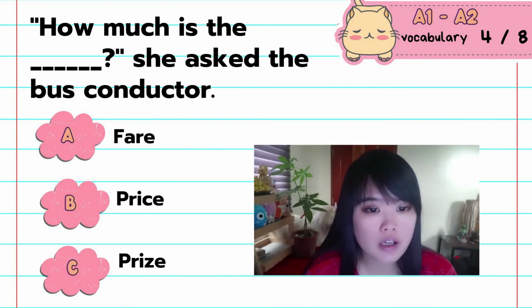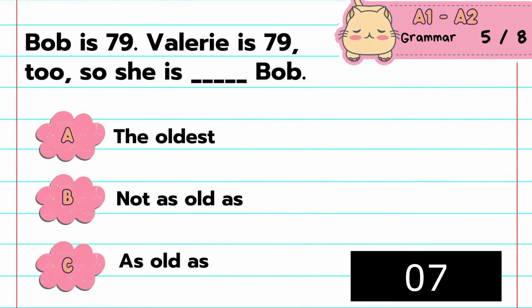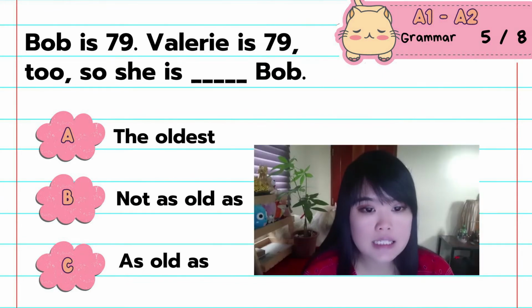A. Fare. How much is the fare? She asked the bus conductor. C. As old as. Bob is 79, Valerie is 79 too, so she is as old as Bob.